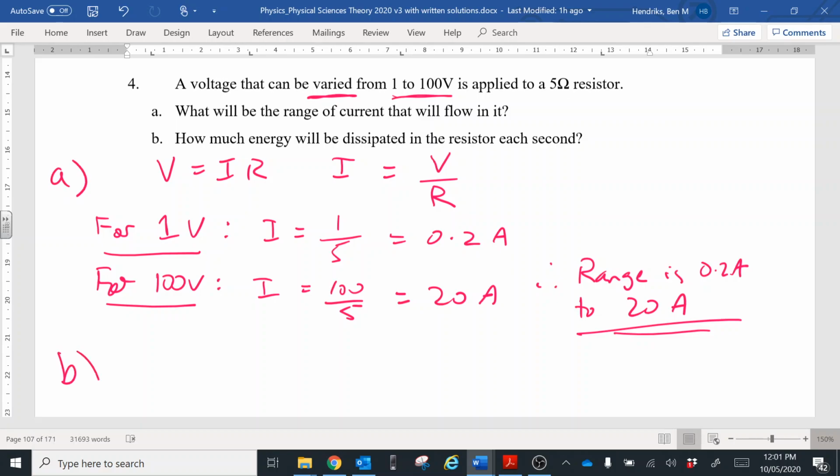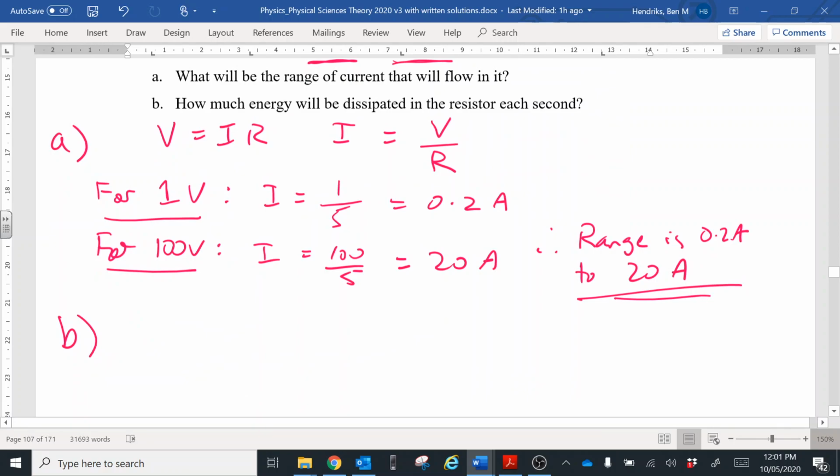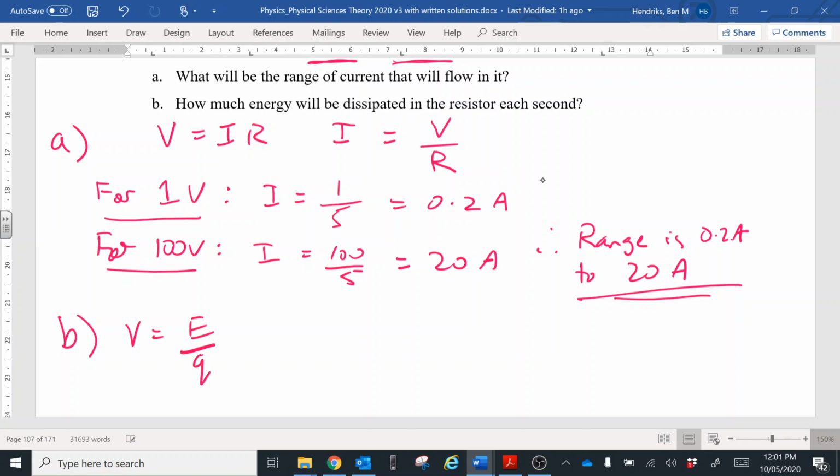Part B. How much energy will be dissipated in the resistor each second? Alright, so remembering how we had our equation volts equals energy over charge, let's remember that 1 amp is equal to 1 coulomb per second.